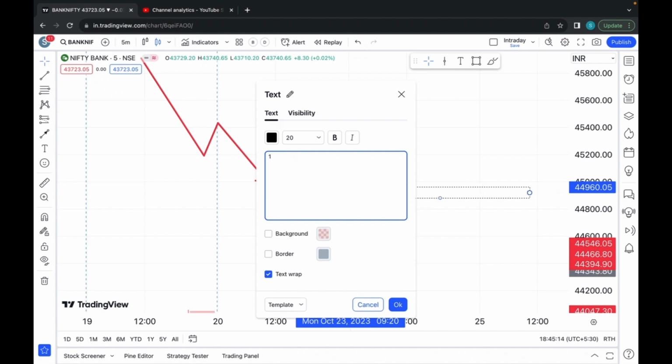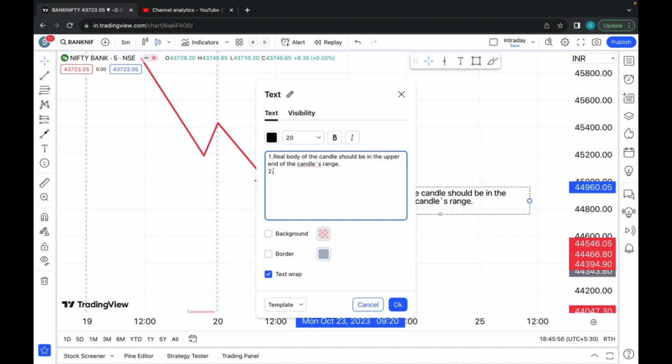The very first point to be considered is that the real body of the candle should be in the upper end of the candle's range. That is your first condition.